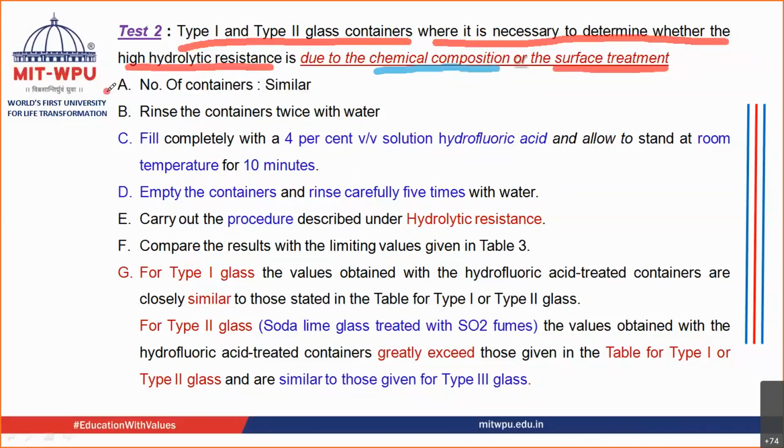Now, step number 1, the number of containers is similar. Whatever number of containers we are taking for test 1, the same number of containers you are going to take over here also. In step 2, you are going to rinse the container twice with water. In the next step, step C, which is different, you are going to fill these containers completely with 4% volume by volume hydrofluoric acid solution.